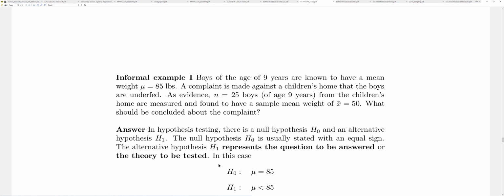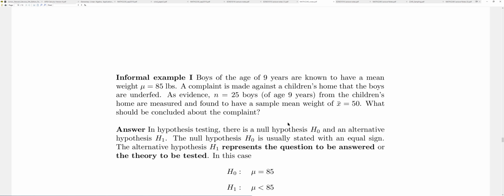When you're doing hypothesis testing, you're going to have two hypotheses: a null hypothesis, which is H0, and an alternative hypothesis, which is H1. H1 represents the question to be answered or the theory that you want to test. So what's the theory that you want to test in this problem?